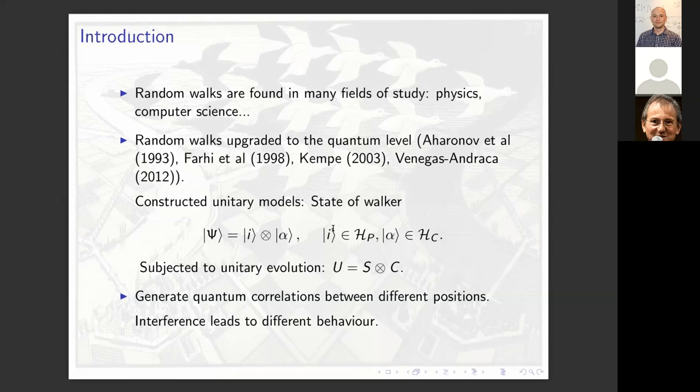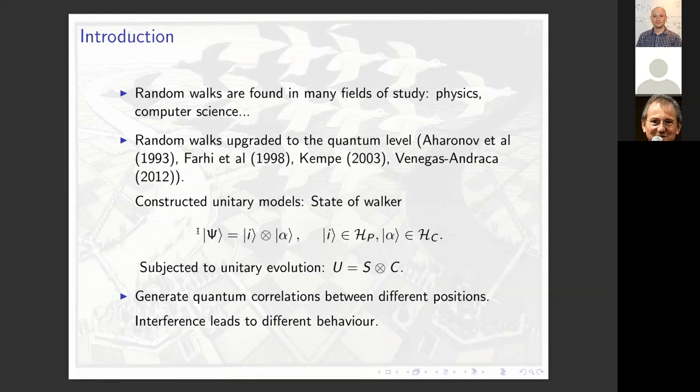That's just some orthonormal basis labeling those positions. Then this state |alpha> describes some internal degree of freedom. Examples that are often given are spin or polarization. That's also an element of another Hilbert space, which is sometimes referred to as the coin space. That's how you describe the state of the walker.